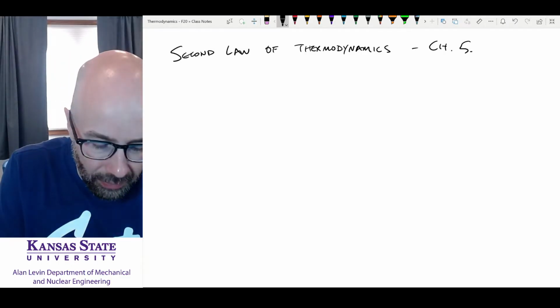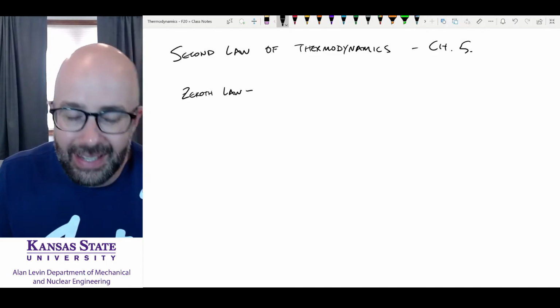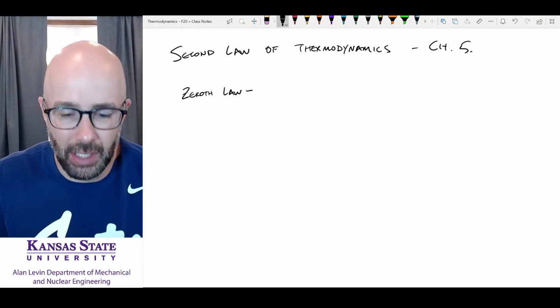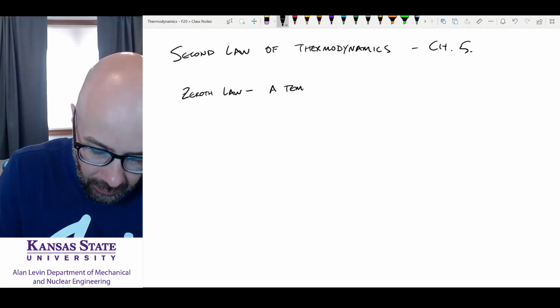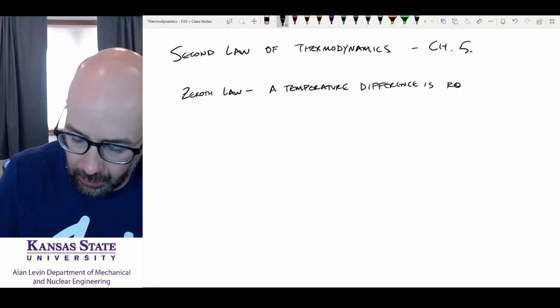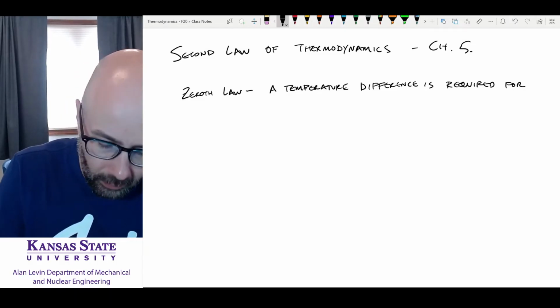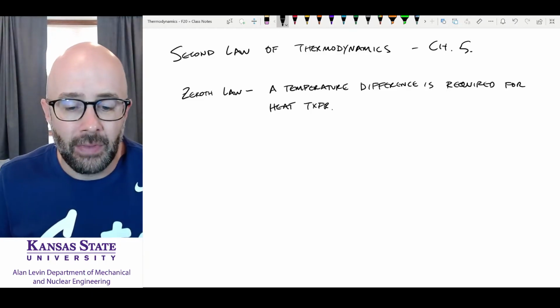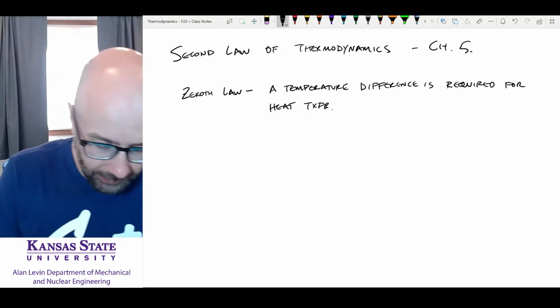So let's just refresh our memory about the zeroth law. The zeroth law basically says a temperature difference is required for heat transfer. And the first law states that energy cannot be created nor destroyed.